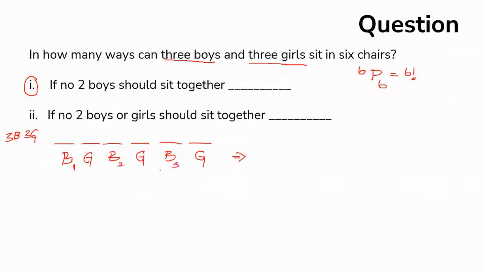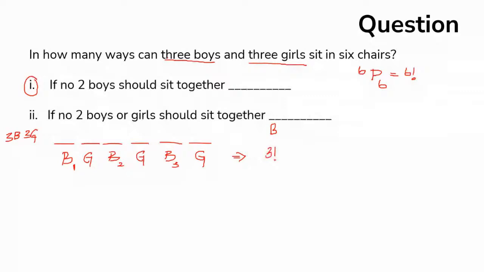Within boys itself, they can give different possible arrangements. Three places are for boys, so it is 3P3, which is 3 factorial ways they can be arranged.